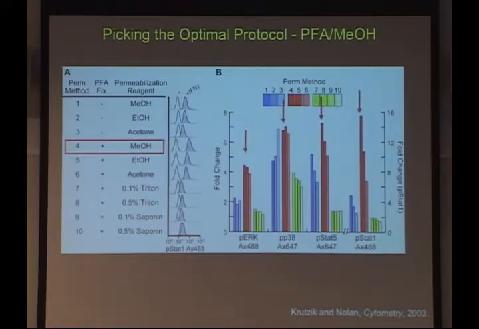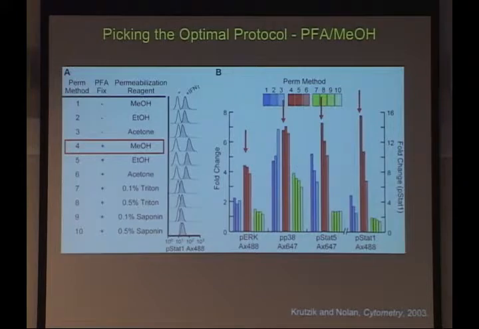What you'll see right off the bat is that these red-colored samples are the ones showing the largest fold changes, and these we just induced with their cognate stimuli. In general, number 4, the formaldehyde fix followed by the methanol perm, stood out as the one that was generically the best.